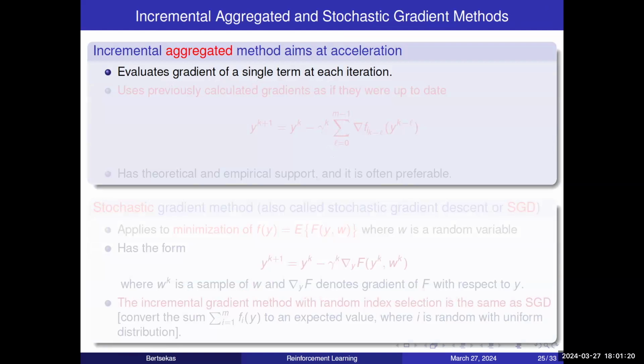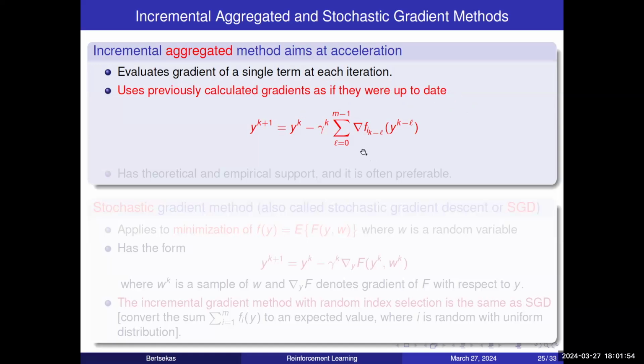There are also variants of the incremental method, called the incremental aggregated gradient method, that should accelerate the convergence process. The incremental gradient method evaluates the gradient of a single term at each iteration, but it uses previously calculated gradients as if they are up to date.